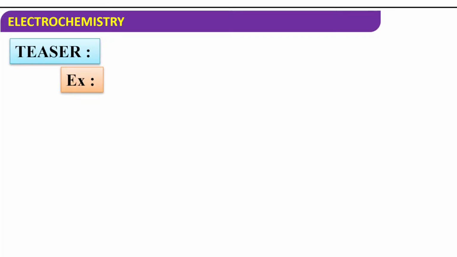Now, next is, if you have Na+, then 1 electron is required to make sodium, or we can say to get 1 mole of sodium, 1 mole of electron is required, or we can say 1 Faraday of electricity is required.